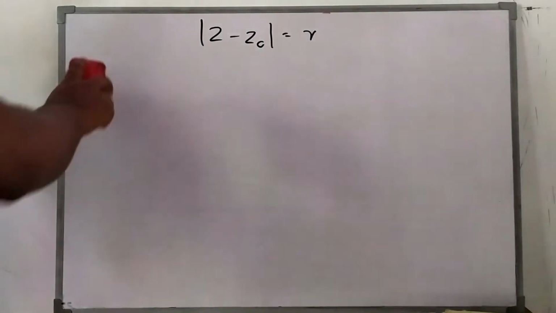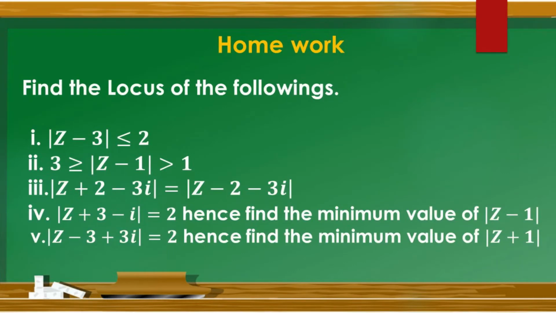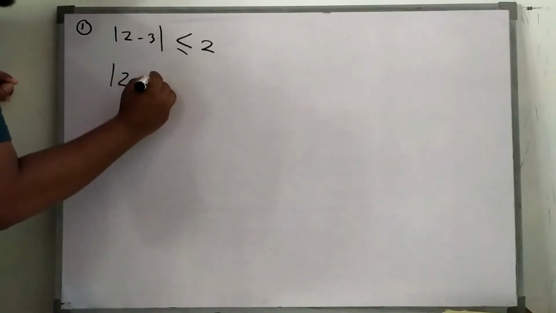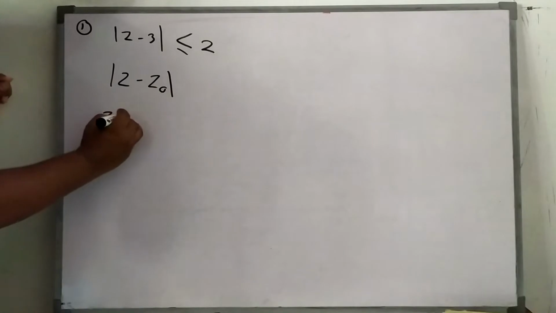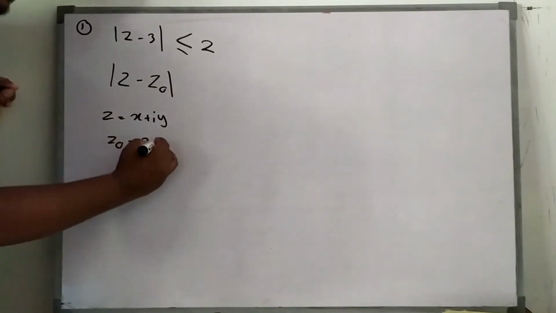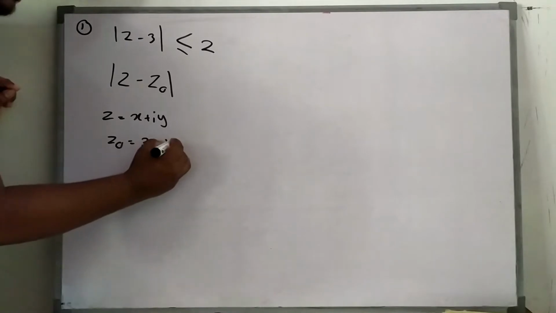The first homework example was |z − 3| less than or equal to 2, right? So here you can see we can interpret it as z = x + iy, and z0 = 3 + 0i, right?